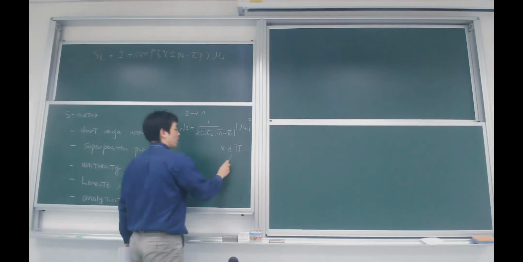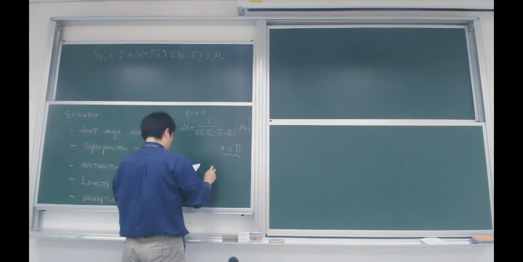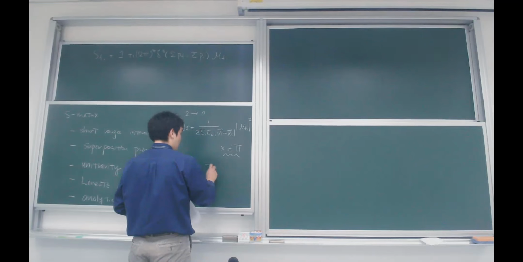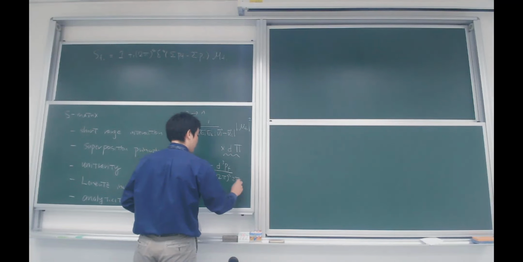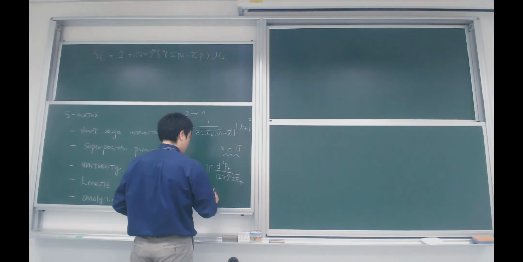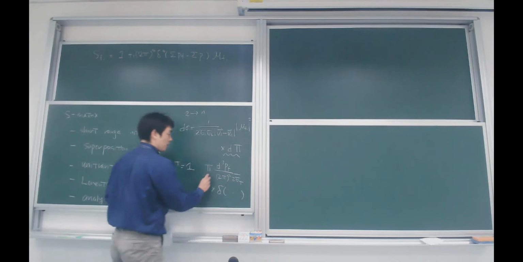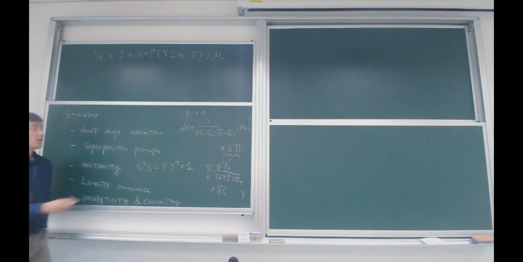This is called the Lorentz invariant phase space. It is equal to a product over the final states of d cubed p over 2 pi cubed 2 E_f, times momentum conservation. That's the Lorentz invariant phase space that we derived last time.